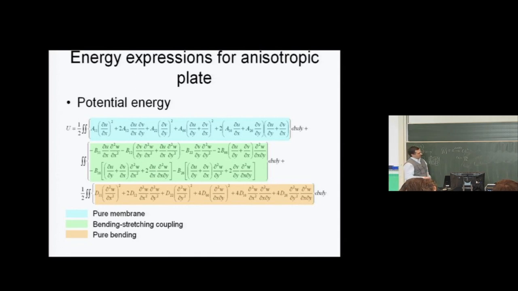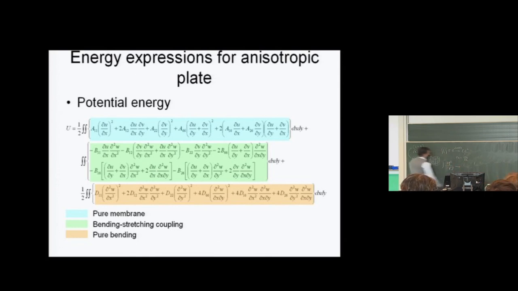The very bottom one, which involves now the curvatures, has an equivalent derivation that usually we know in terms of m squared over 2EI if it's a beam. And again, this is integrated over the length of the beam.